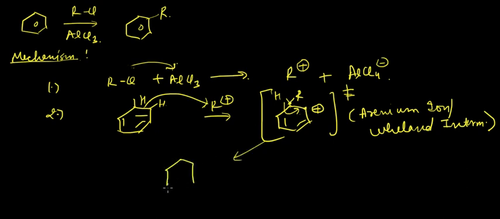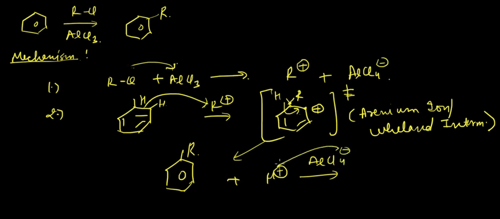So the benzene ring is reformed and H plus is released, and this H plus is again attacked by Cl minus to get HCl plus AlCl3. Okay, so this completes the mechanism of Friedel-Crafts alkylation.